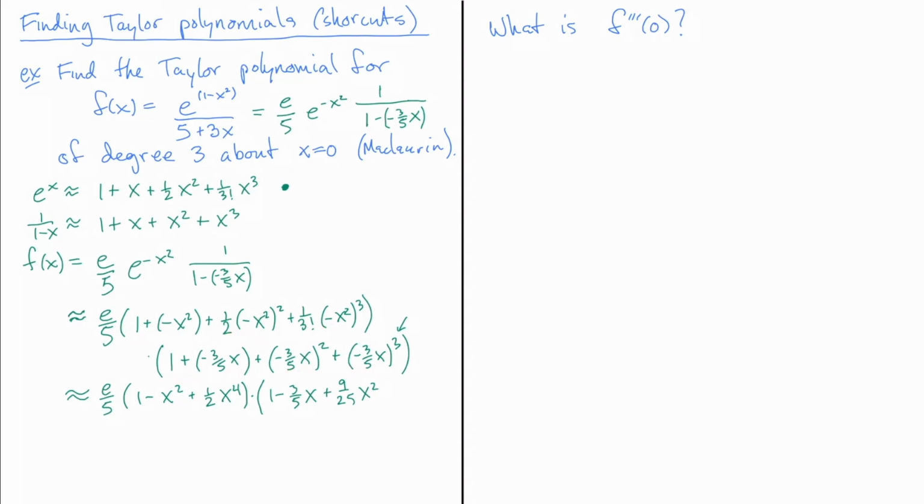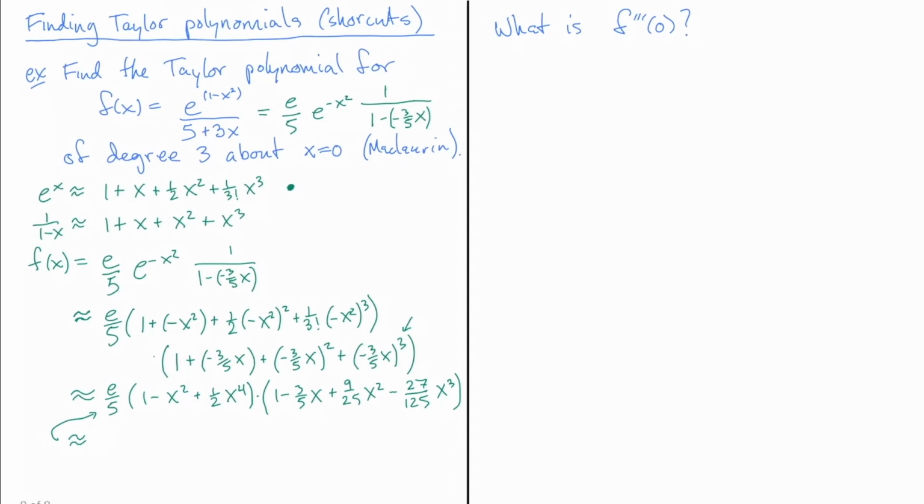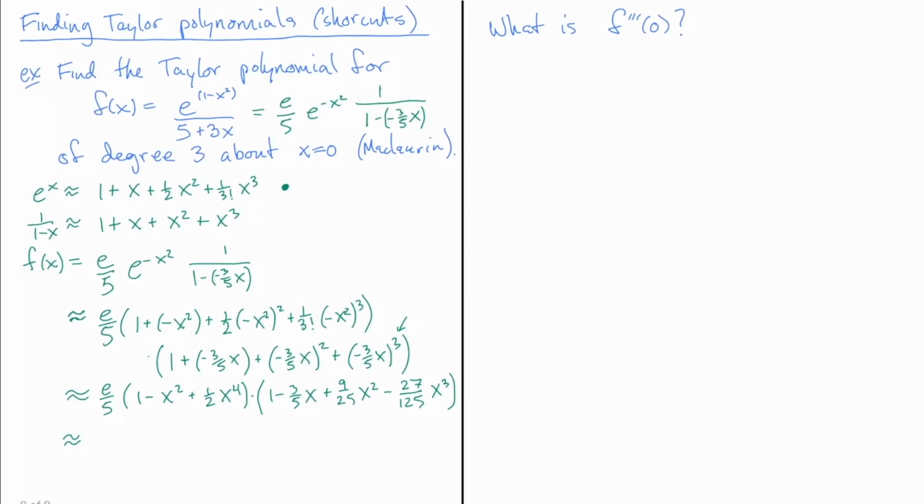And so if I omitted this one, I'd be missing a piece of my coefficient to the x cubed term. Okay, so now I need that. So I'm going to add that in, and it has a minus sign in front because it's a negative cubed. And then 3 to the 3 is 27, and 5 to the 3 is 125 x cubed. Okay, so now, and I'll keep the almost equal to, even though this is going to be exactly equal to that one, because I'm just going to rearrange the parts.